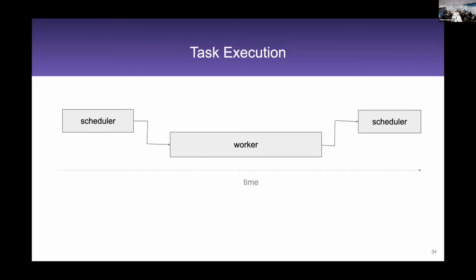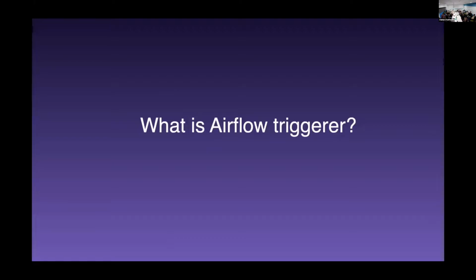Once the status is failed or passed, based on that it can give you the final result, but it will not block your worker. So how can you achieve this, how can you write an asynchronous operator and sensor?